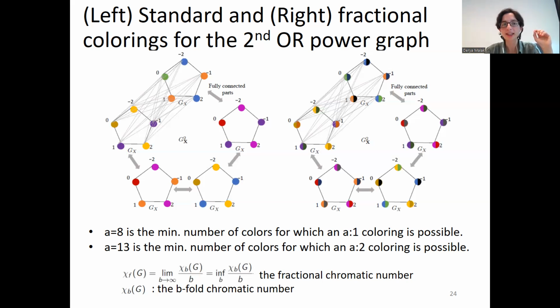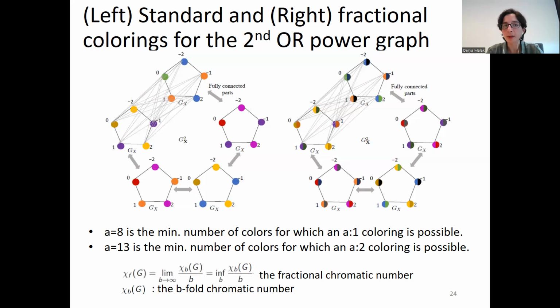But for the second graph, the B-fold chromatic number is going to be 30. And indeed, there is a very nice result that relates the B-fold chromatic number to the fractional chromatic number given by this expression. So in the limit as B goes to infinity, the ratio of the B-fold chromatic number to B gives us the fractional chromatic number.